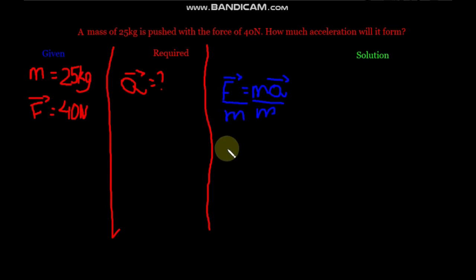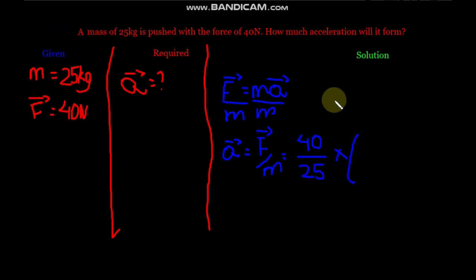So a equals F over m. Let's write the coefficients: the force coefficient is 40 and the mass coefficient is 25, times their units.